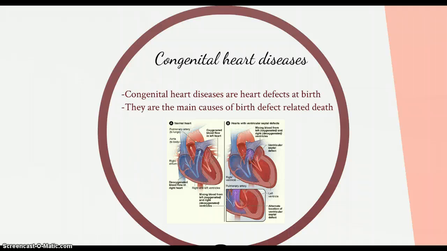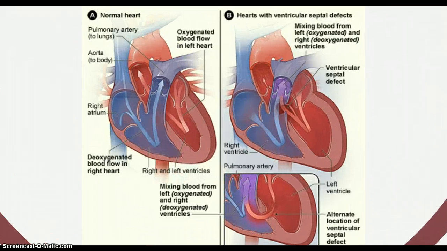So before we go, I want to mention congenital heart diseases. So they're basically heart defects, and they are main causes of birth defect related death. That's all I really want to talk about them or explain. But let's take a look at this picture. So here's a normal heart, and blood flows normally.